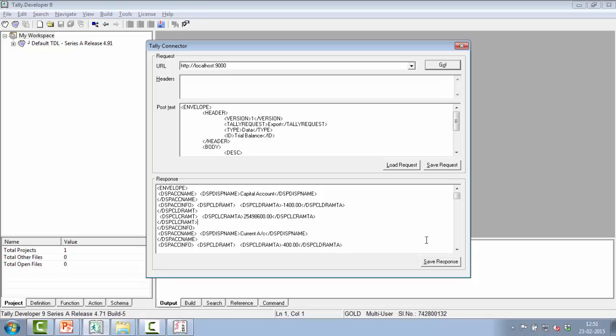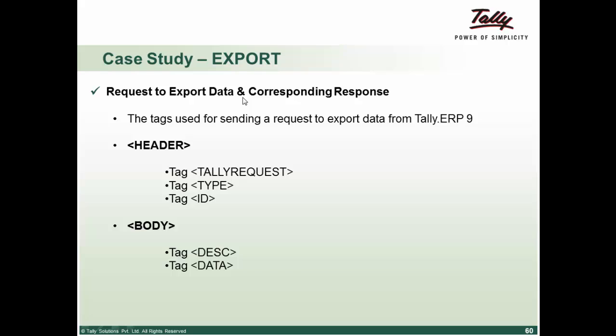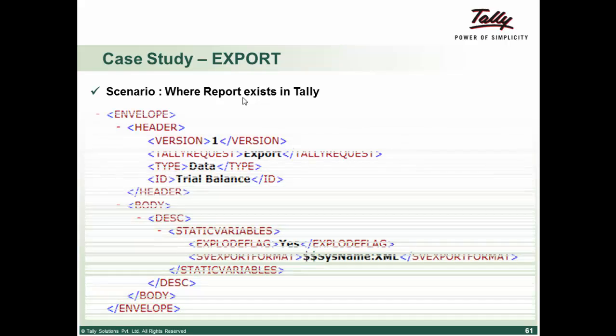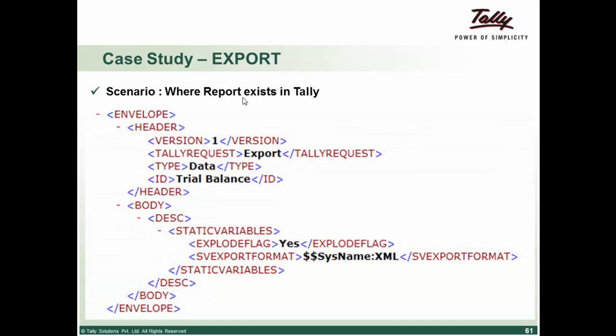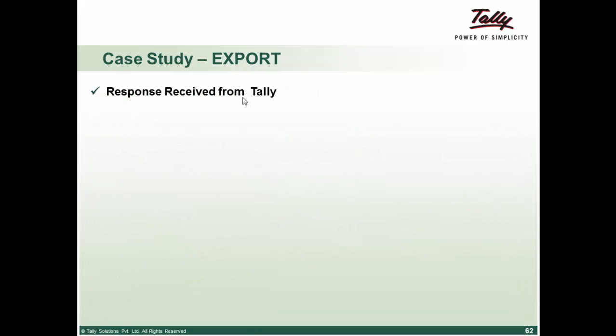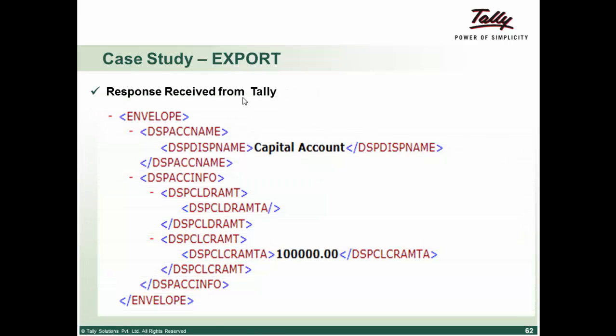You can save this XML response in case you need it, and you can further use this. This is what we have done, where the export of data is done and the corresponding request, where the required report exists in default Tally. This is where the report existed in Tally. We've received this response.